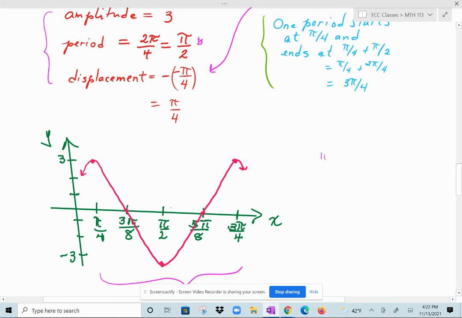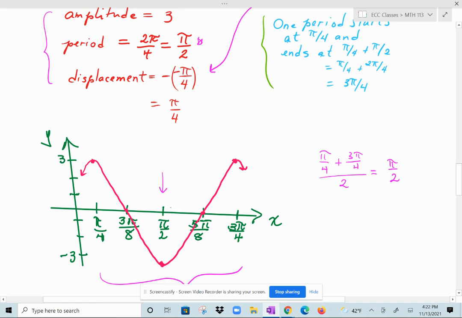And again, the way you figure that out is you add the beginning and the end and divide by 2. It's like taking an average. And so the numerator is 4 pi over 4, which is just pi, and the denominator is 2. So that's why our middle is pi over 2.